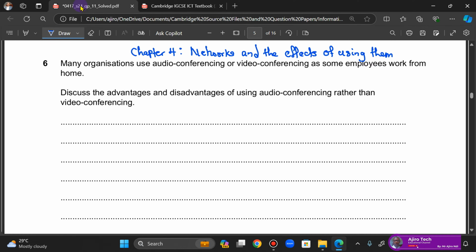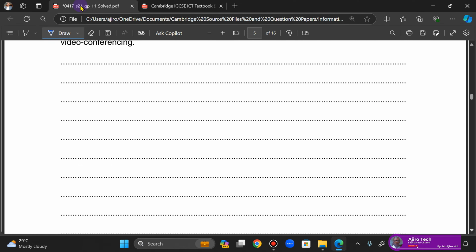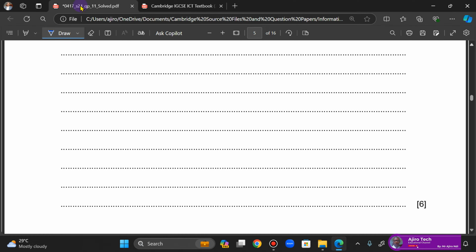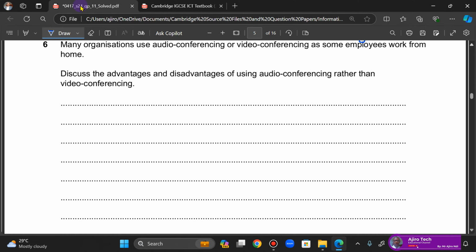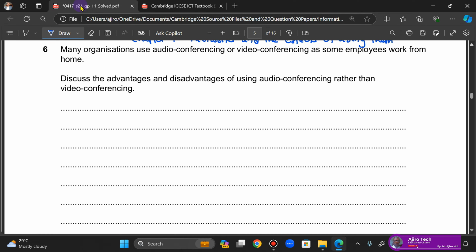Discuss the advantage and disadvantage of using audio conferencing rather than video conferencing. How many marks is this? 6 marks, which is the highest mark for paper 1. Our focus is audio conferencing rather than video conferencing.